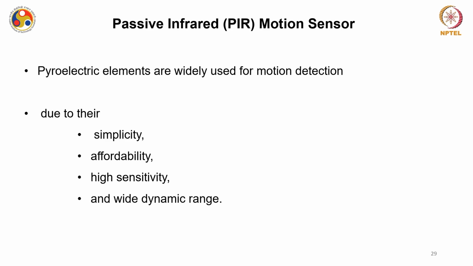So even if the intruder is a little bit far, you are not compromising the resolution. Rarely is any thermistor or thermopile used; mostly all these devices use pyroelectric detectors.